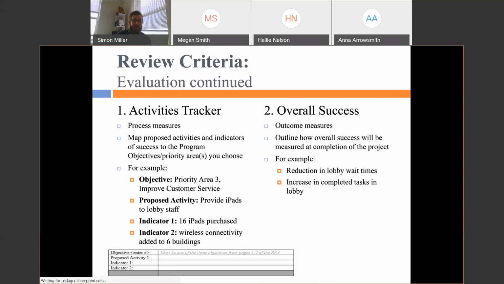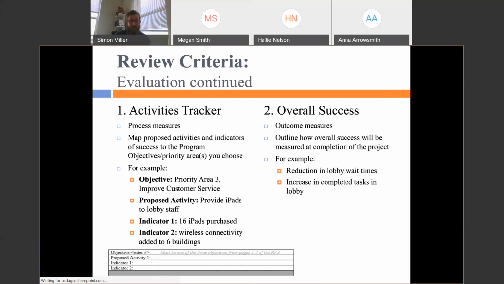I know that's something that may not be happening right now, but just go with me here. So your project meets the objectives of improving customer service. So two example indicators that you could use in the activities tracker would be the purchase of the number of iPads and adding wireless connectivity to some of your buildings.